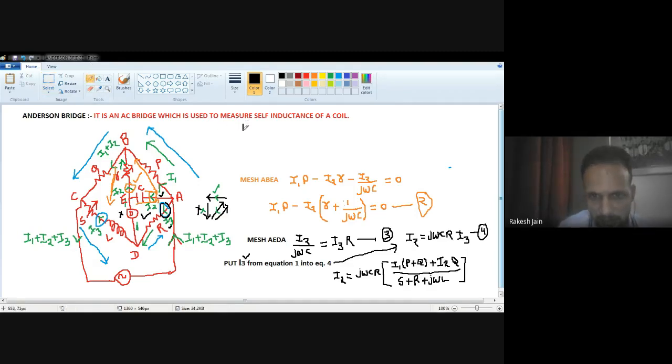So this I2 will be multiplied by S plus R plus j omega L, divided by j omega C R.